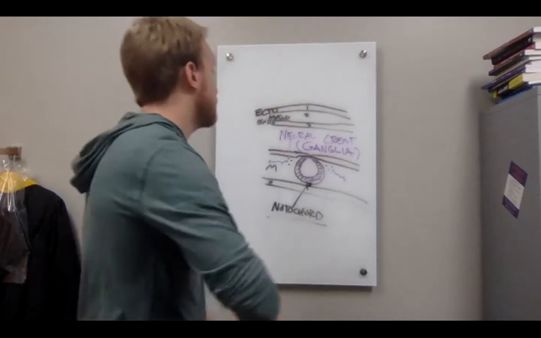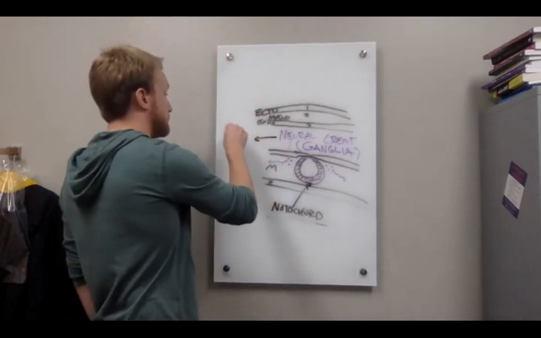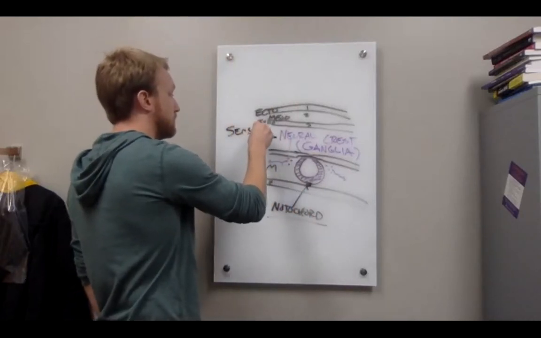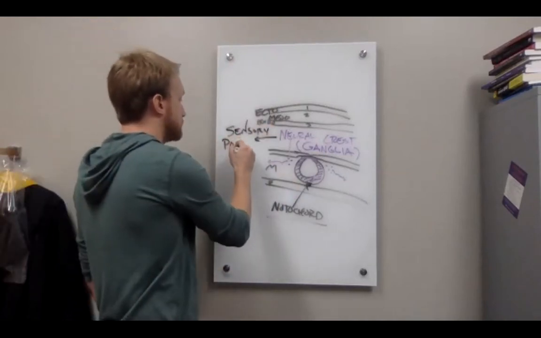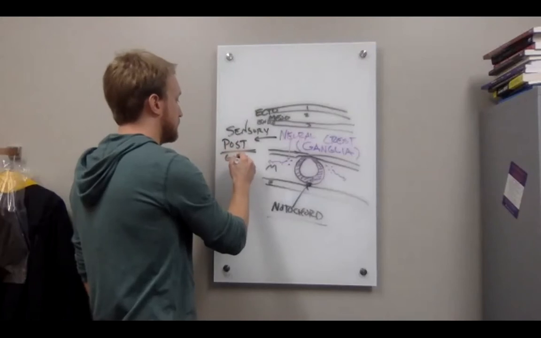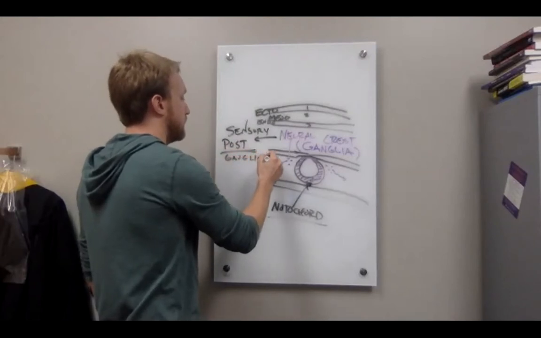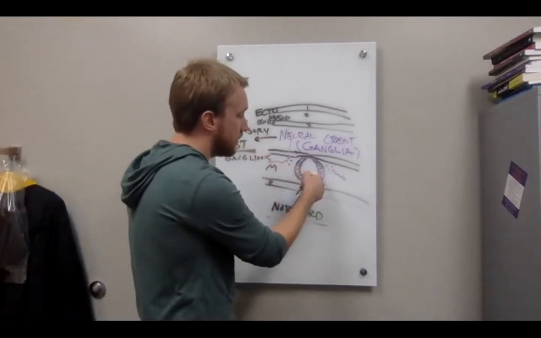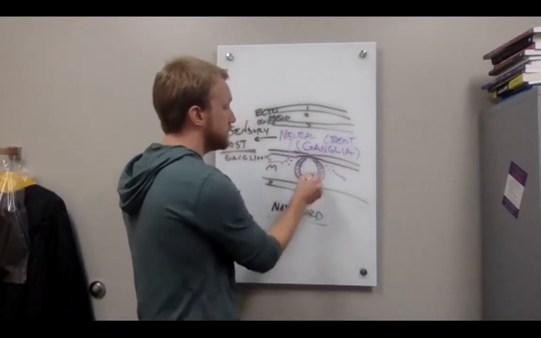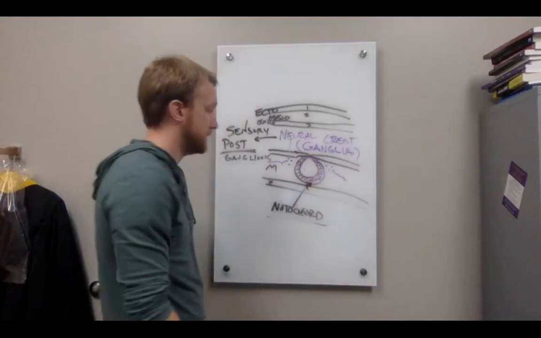They definitely make the sensory neurons that innervate our muscles, joints, and skin, and the post-ganglionic autonomic neurons. But the pre-ganglionic autonomic neurons and the motor neurons are going to be derived, of course, from the neural tube.